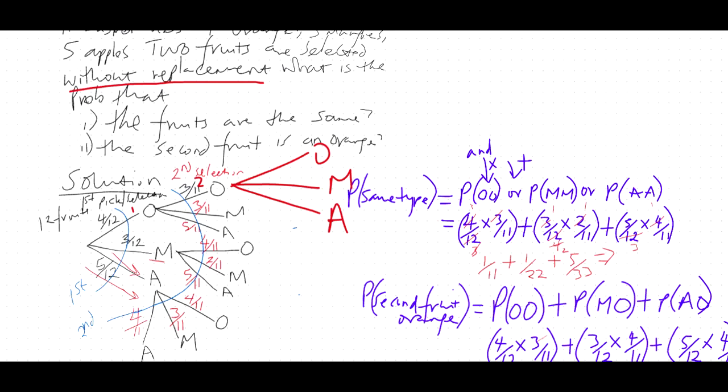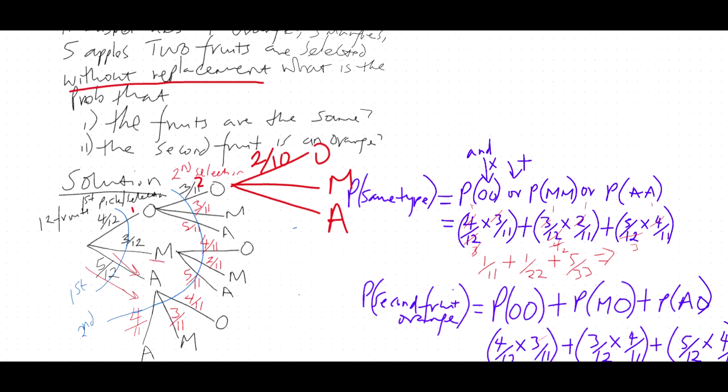Then I pick another one. So now the probability, since they are remaining now two, it will be two out of, now remember it is without replacement. And so the total number of fruits that will be remaining will now be 10 there. And then I've not picked any mango so far.